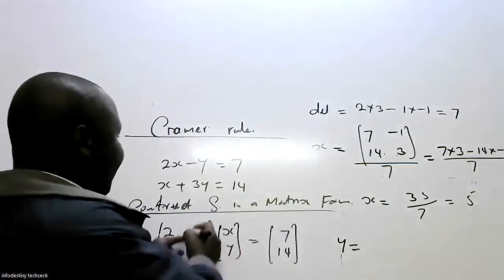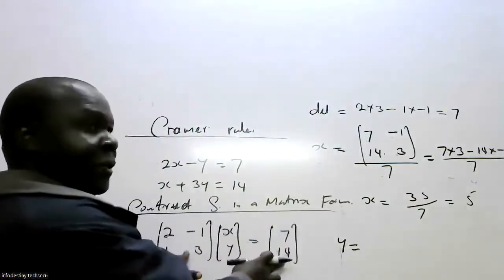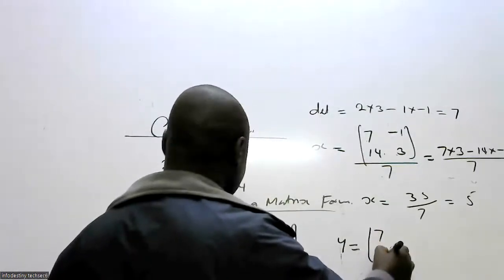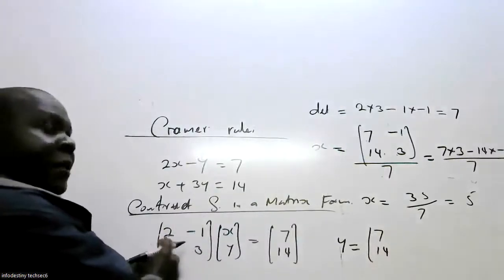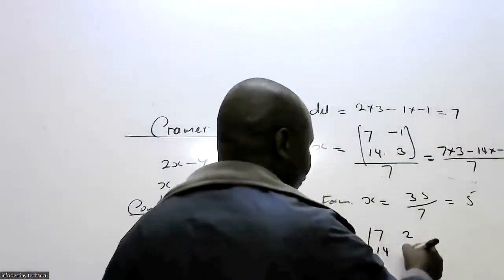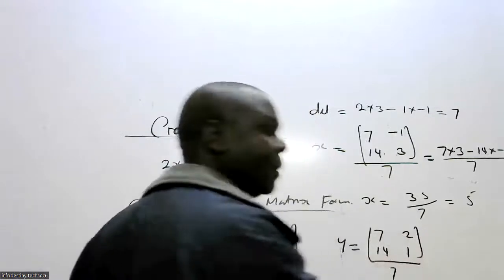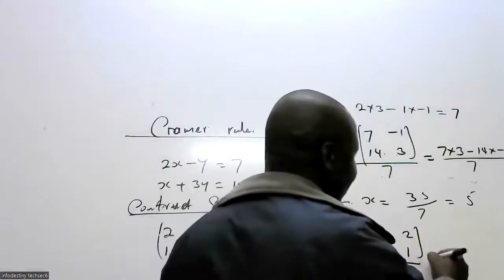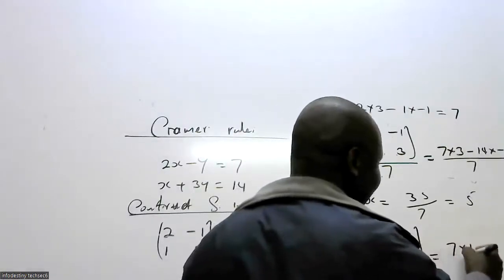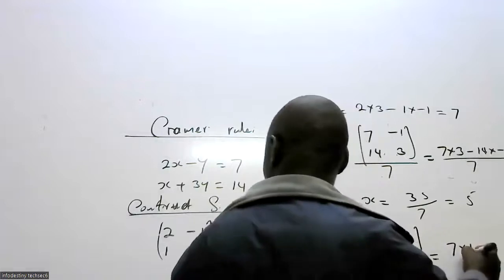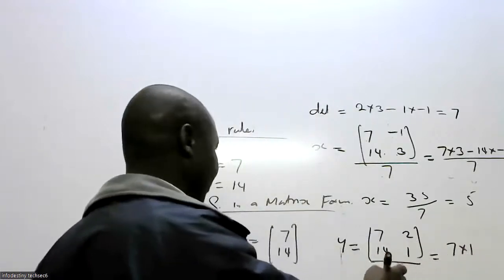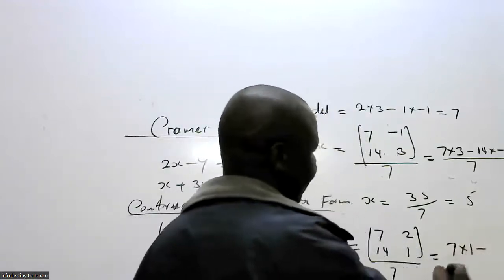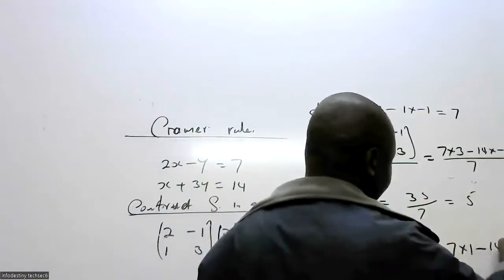Now this particular element of y will be replaced with this. So it's going to be 7, 14. You're together? x remains constant. So 1. Divide by what? 7. Then we get the determinant of this, that's going to be 7 times 1, minus 14 times 2.